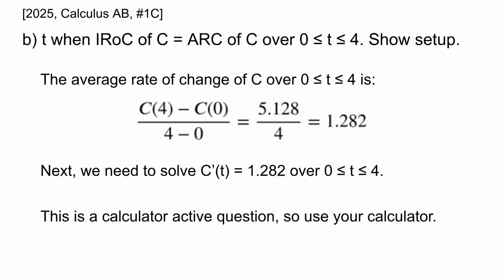And since this is a calculator active question, we're going to use our calculator again. It turns out c prime of t equals 1.282 implies that t is equal to 2.154. And I guess that would be weeks.